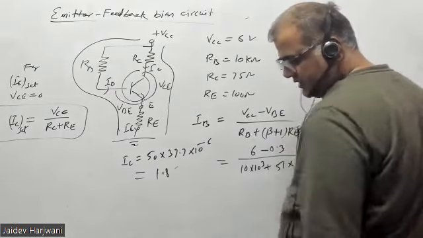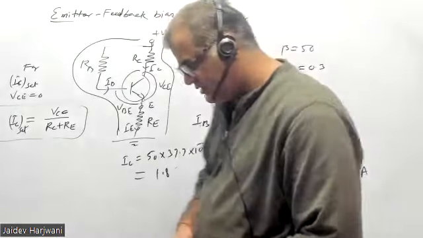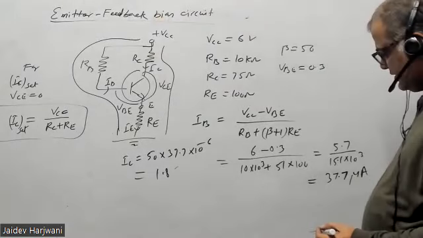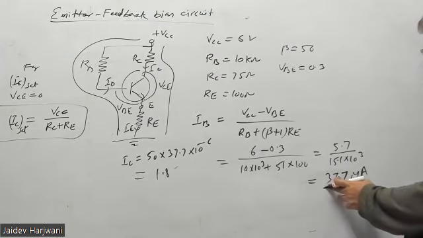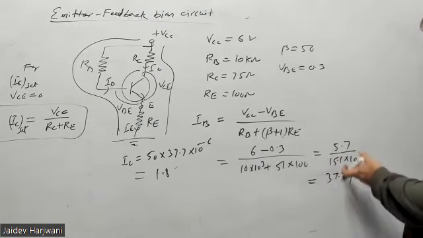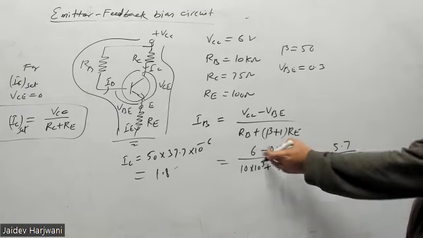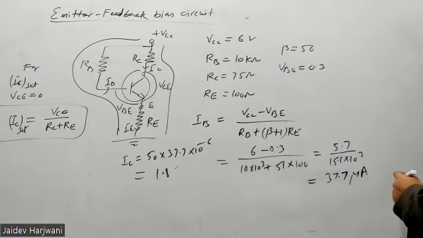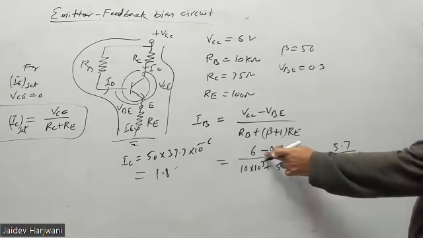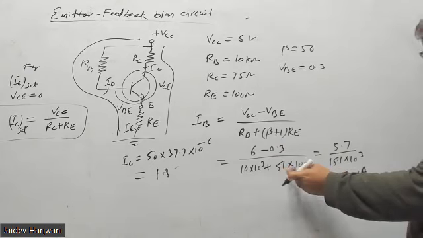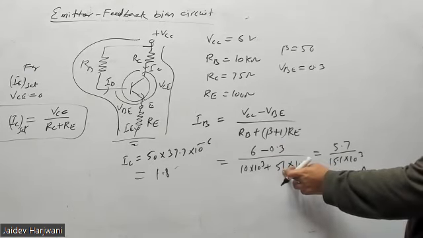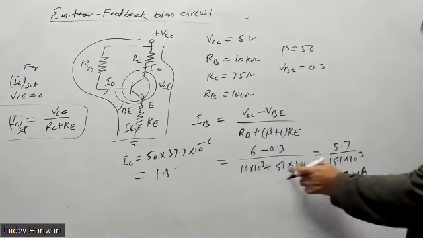Sir, I'm getting 0.377 milliampere for that IB. Just check the calculation. How will it come? I've already checked multiple times. This is 6 minus 0.3 is 5.7, correct? Yes, sir. And this 100 multiplied by 51 is 5,100 ohm, that is 5.1 kilo ohm.